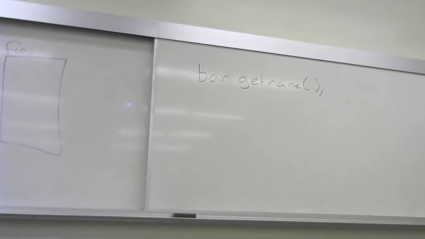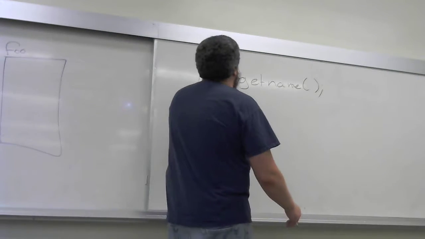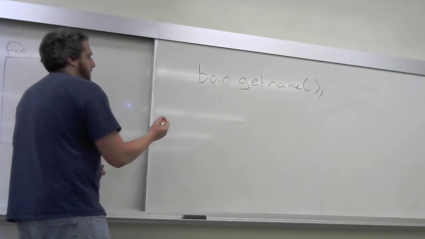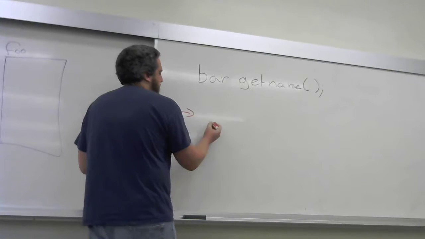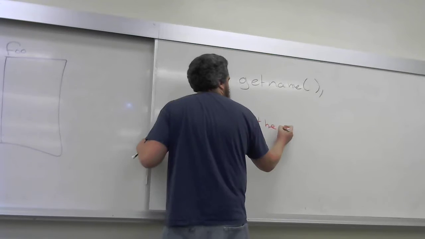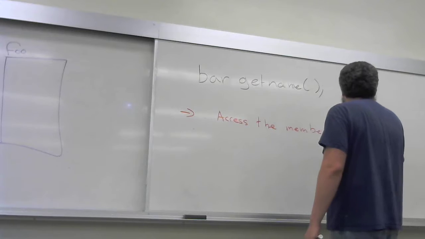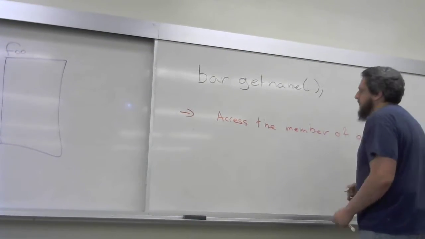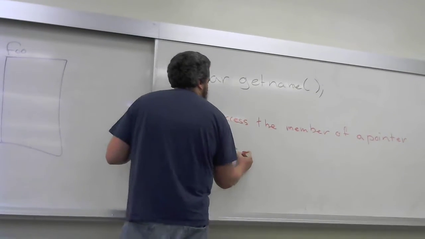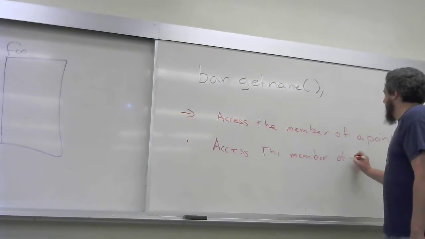In C++, this is not true. Not everything is a pointer. And so we have two different access operators. We have the arrow, which accesses the member of a pointer, and we also have the dot, which accesses the member of the object.